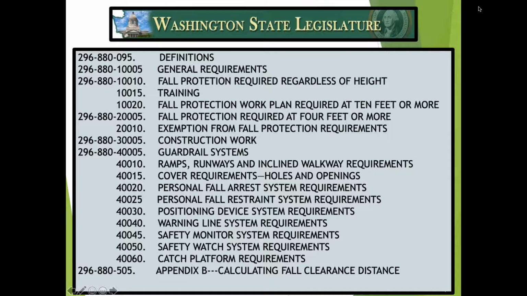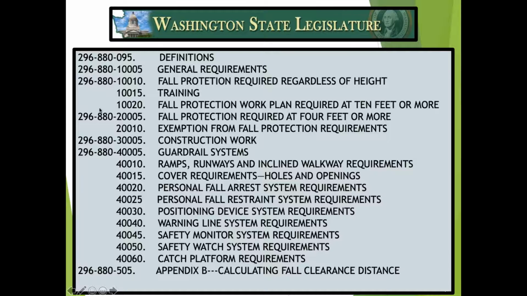If you're out there and you have fall protection plans, please make sure that you strip off the 296-155 and insert your 296-880s. Fall protection plans, all right, what's required at 10 feet, that's in the 100. So it'd be 296-880, 100.20 is now your fall protection code.